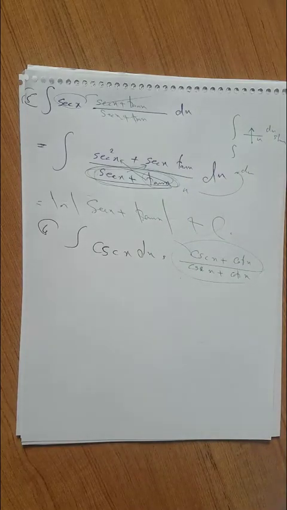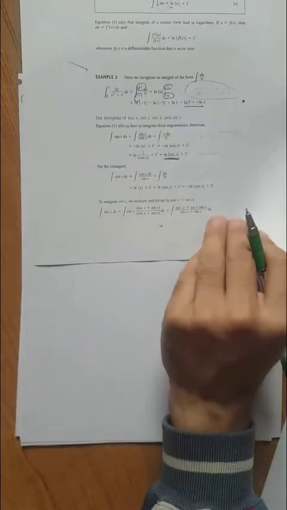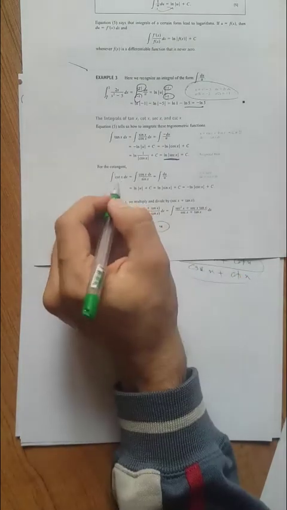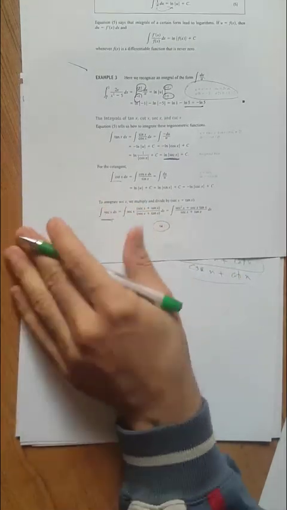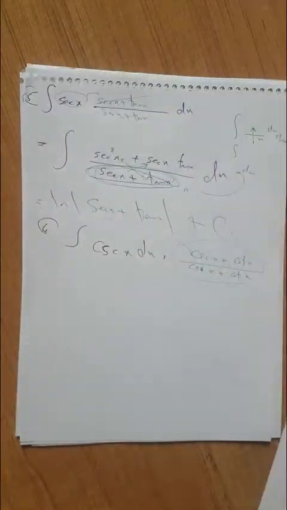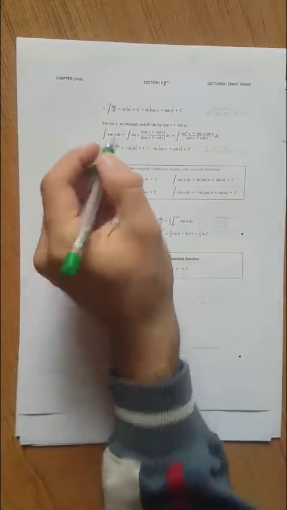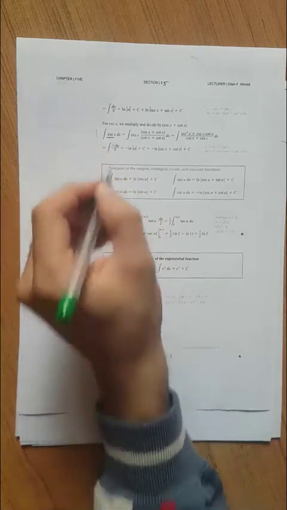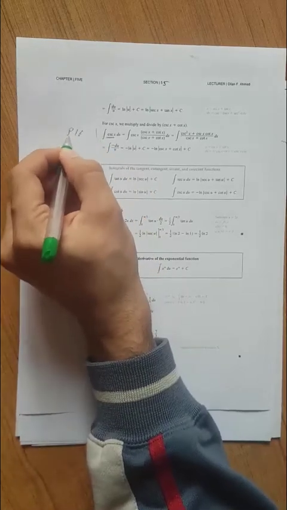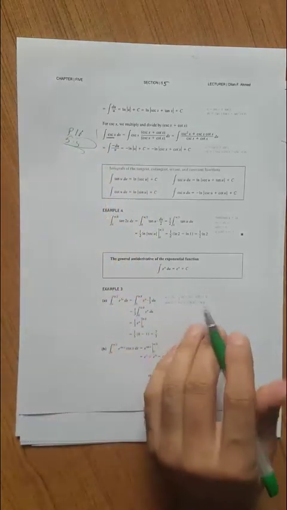You can see these examples in page 14, and you can also find the cosecant in page 16 in section 5.5 or 5.6.